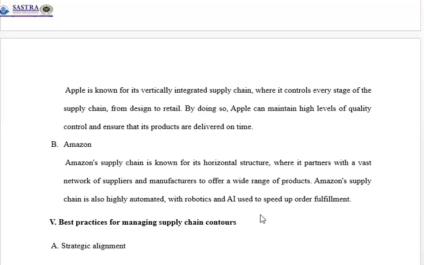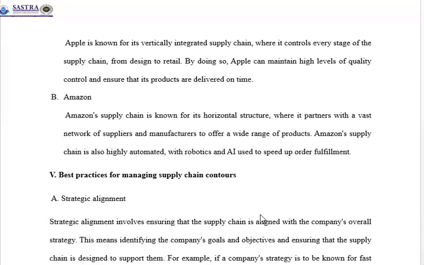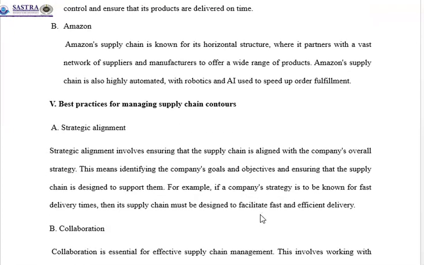The best practice we can adopt to manage the supply chain contours is strategic alignment. Strategic alignment involves ensuring that the supply chain is aligned with the company's overall strategy, and this means identifying the company's goals and objectives and ensuring that the supply chain is designed to support them.